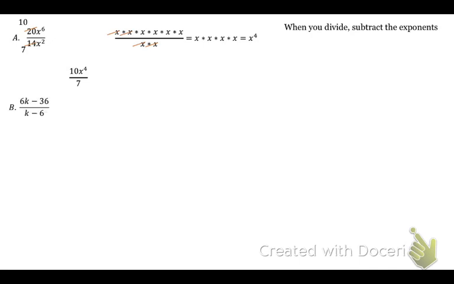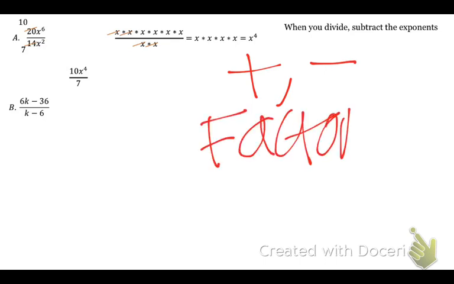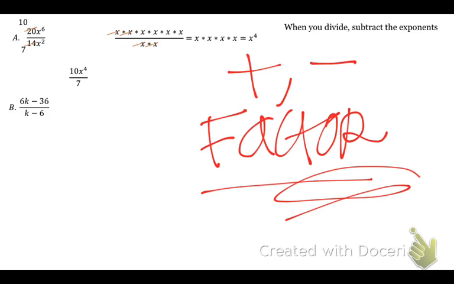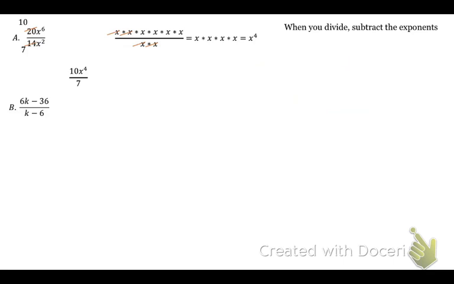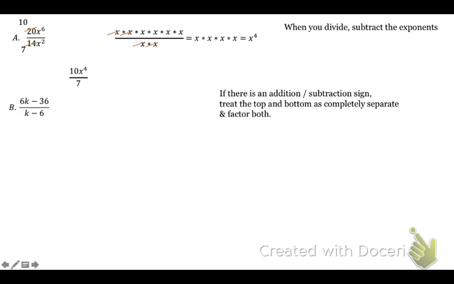Okay, let's look at this one. So we have 6k minus 36 over k minus 6. Whenever there is a plus or a minus, you must factor. So 6k minus 36, always check GCF first.